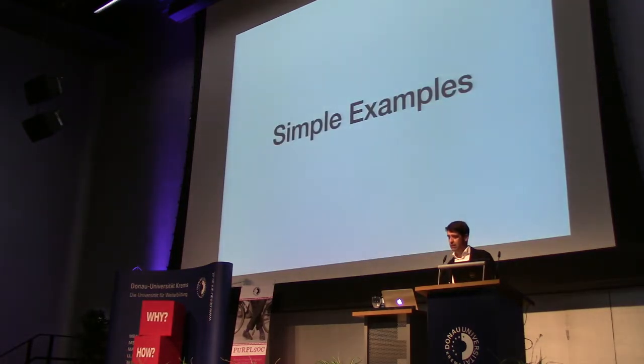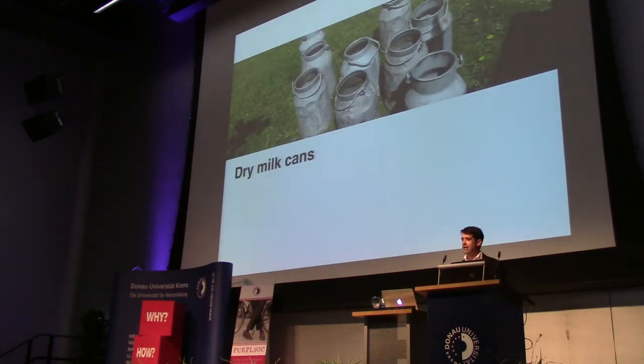Two simple examples of patterns, so overly simple examples, I found on a farm in Austria, which describe a bit what a pattern is. Dry milk cans. What is the problem? Milk cans always have a bit of milk left in them at the bottom, and that gets bad, stinks, and you have a problem.